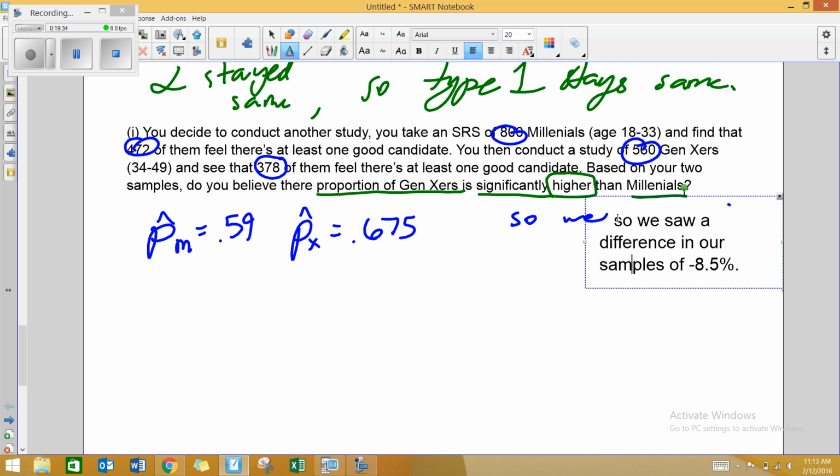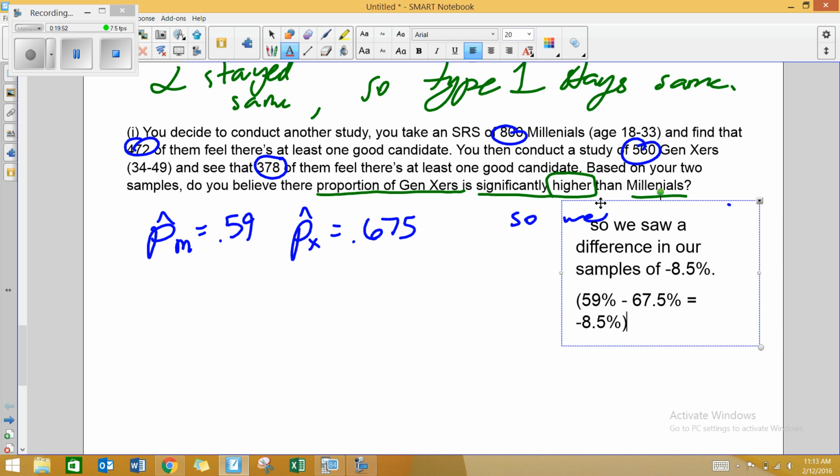We calculate that: 59% minus 67.5% gives us a negative 8.5% difference.